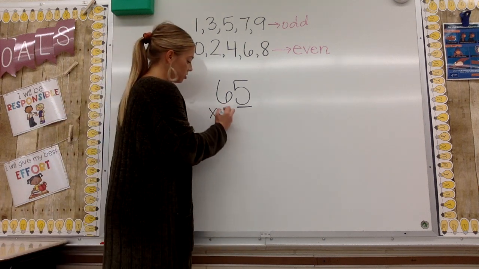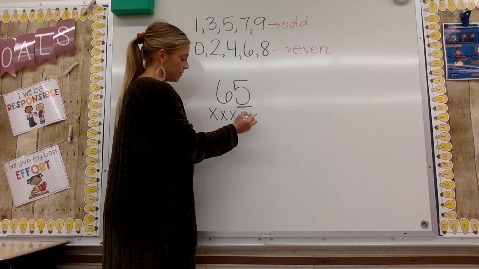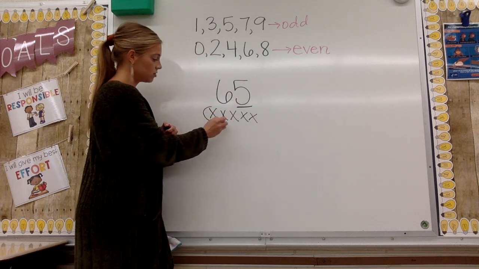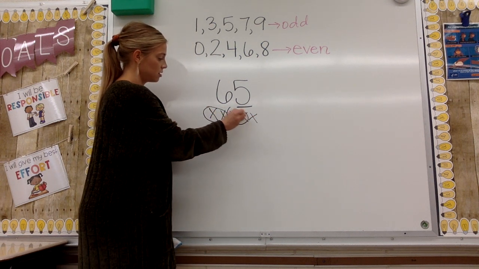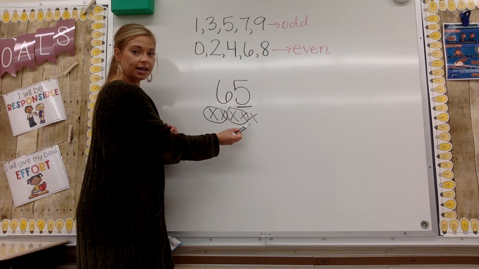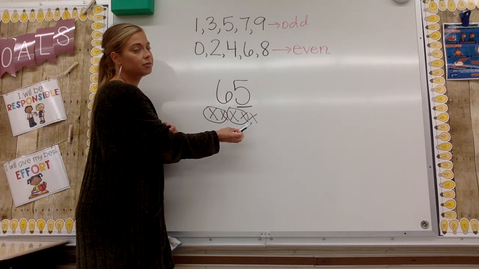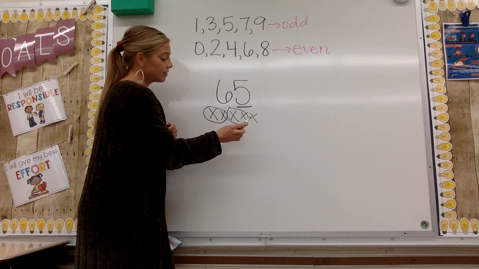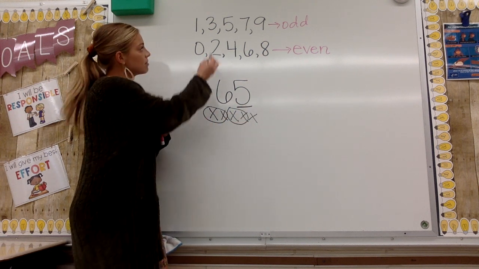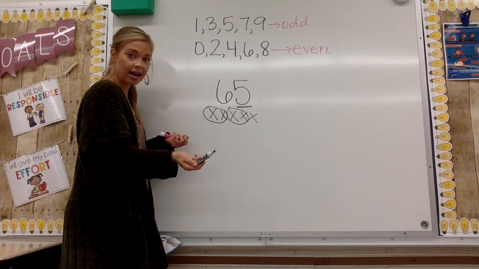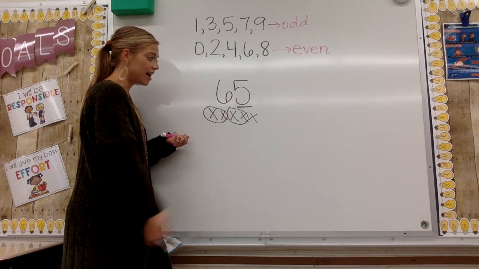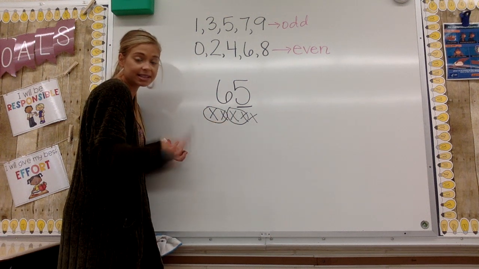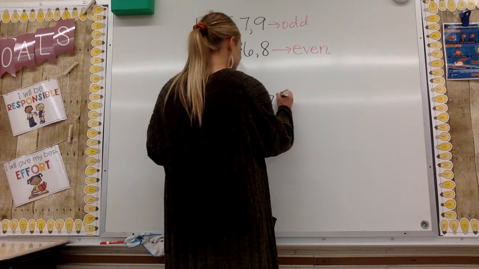Let's find out. 1, 2, 3, 4, 5. Groups of 2. Oh no, I have one lone X all alone by himself. So that means that 5 is an odd number, just like we wrote up here. And 65 then would be an odd number because it ends in 5 in the ones place.